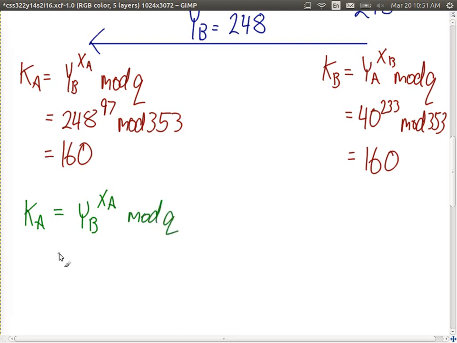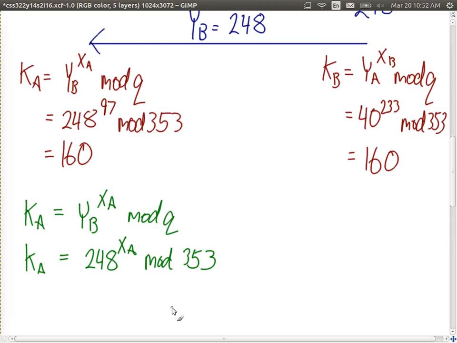And in our example, the attacker knows yb, they know, 248, xa they don't know, and q they do know. So here we have an equation with 4 variables. 2 of them are known, 2 are unknown, so there's no way to solve that. We need to do something else.